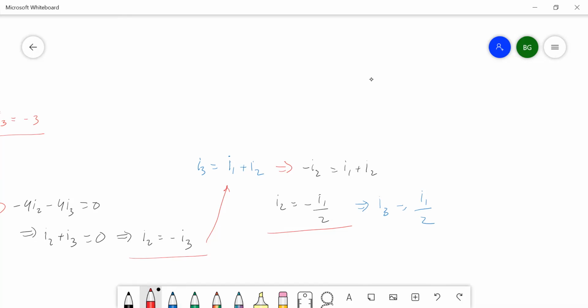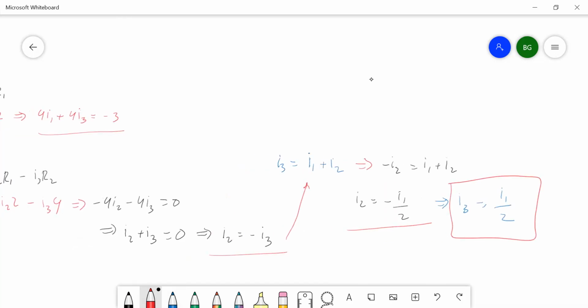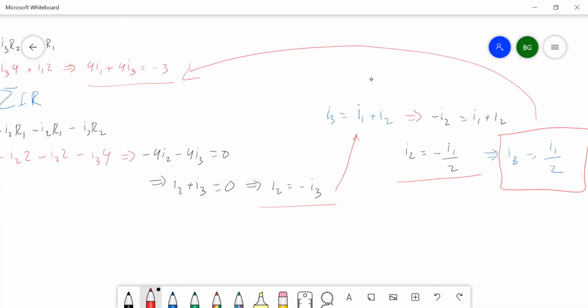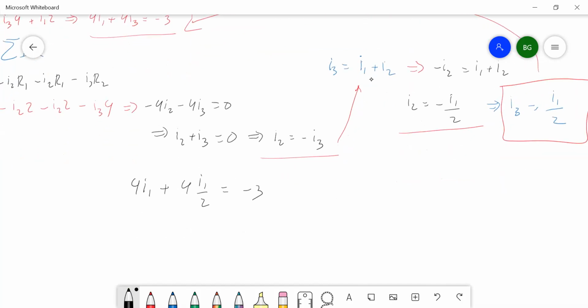So if we insert this relation, for example, into this one, what we get is 4I1 plus 4I1 over 2 equals minus 3.